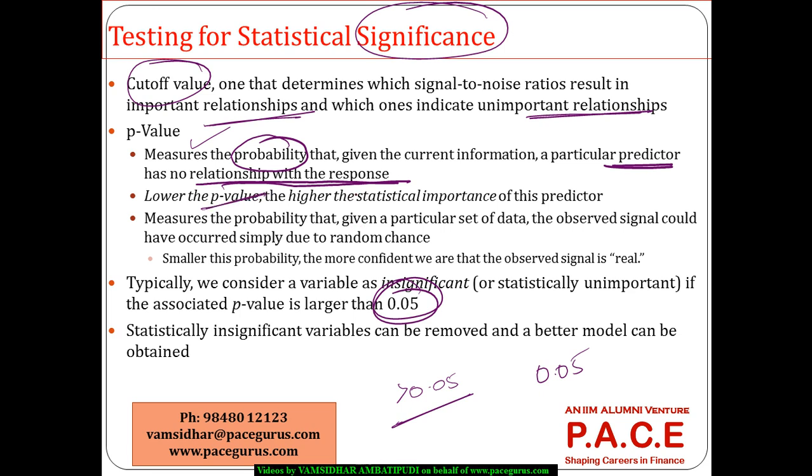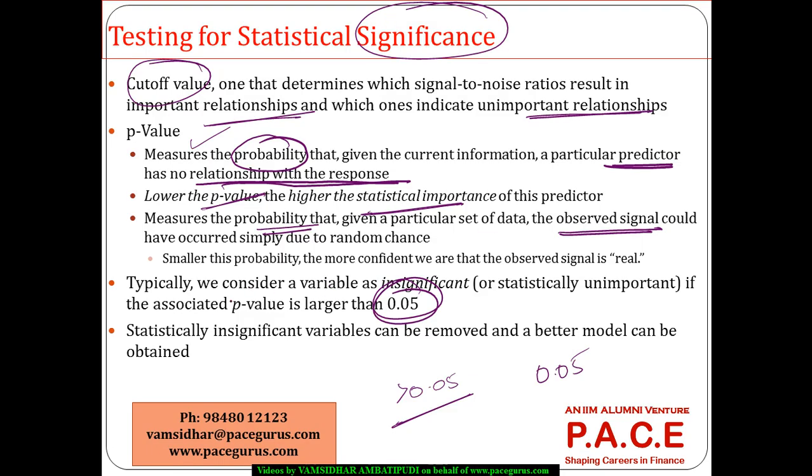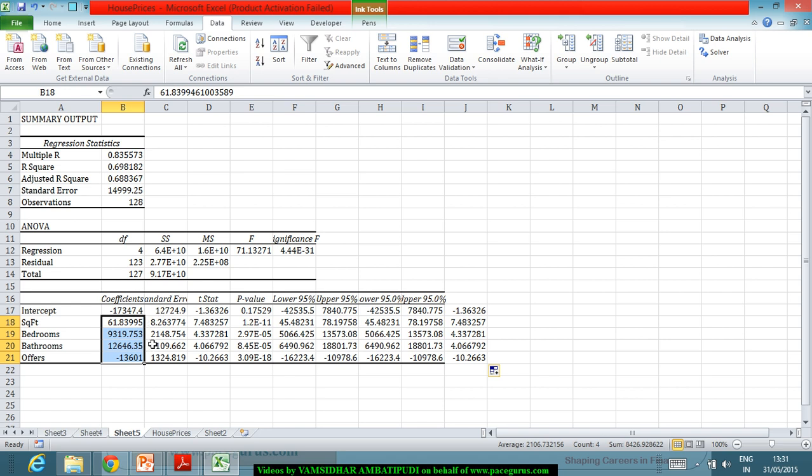So the lower the p-value, the higher the importance of this predictor. And a typical way of talking about the p-value is that it's the probability that the observed signal, the observed value that we have got, is just because of a random chance, right?